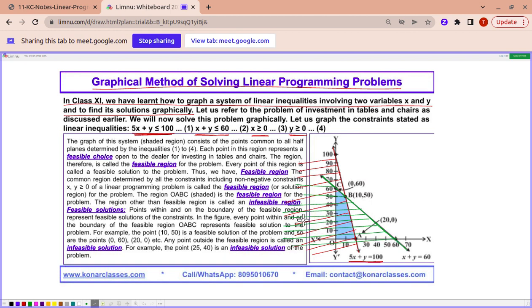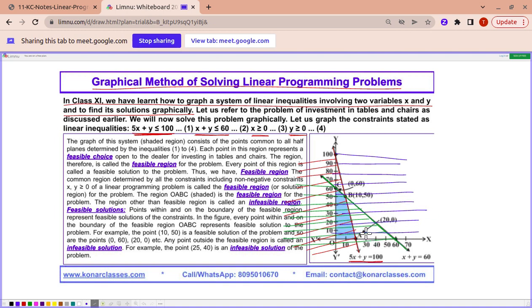Now the next condition is that x is greater than or equal to 0. So let me do it in the blue color. X is greater than or equal to 0, that means it will be this region, correct?